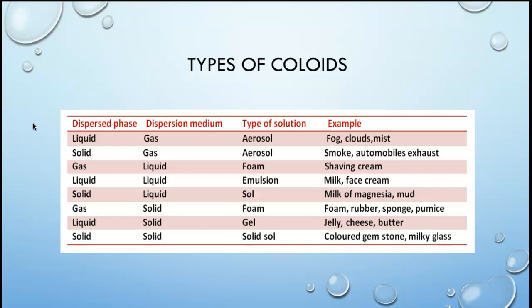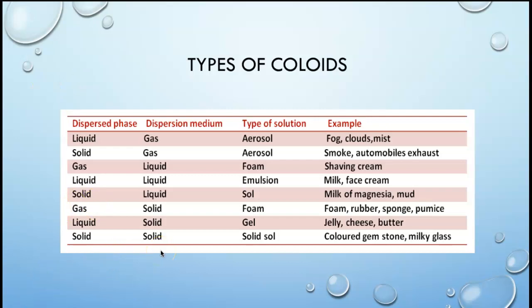You can have a liquid dispersed in a solid, that's called a gel, like Jello. Or you can have a solid dispersed in a solid. So those are all types of colloids, and these are all common things that they don't settle out upon standing, but they're not true solutions at the molecular level.